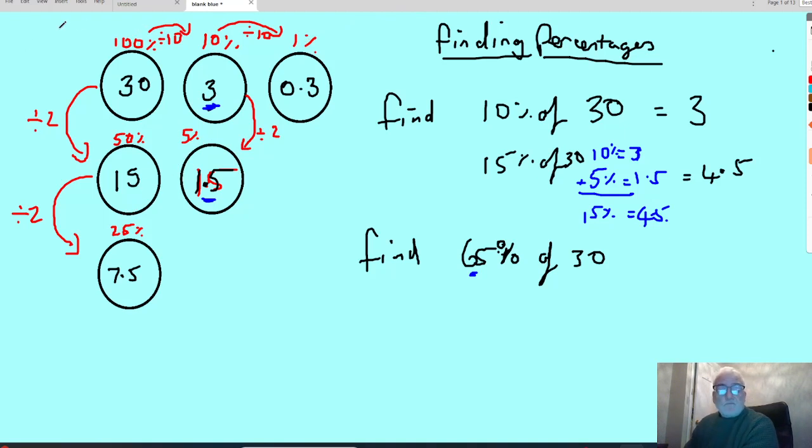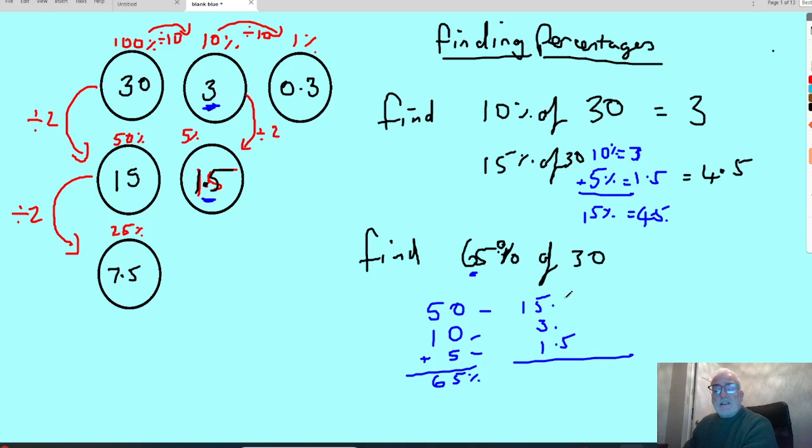So I could take 50%. Okay, I'm 15% short. I could take 10% and I could take 5%, and I could add all of those together and that would give me 65%. Well, 50% of 30 is 15, 10% of 30 is 3, and 5% of 30 is 1.5.